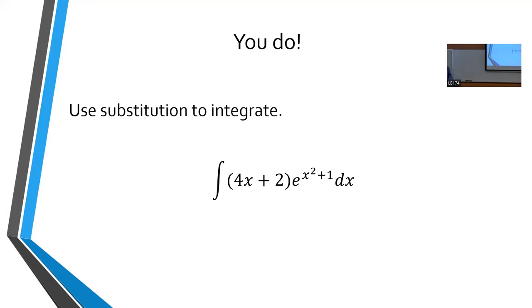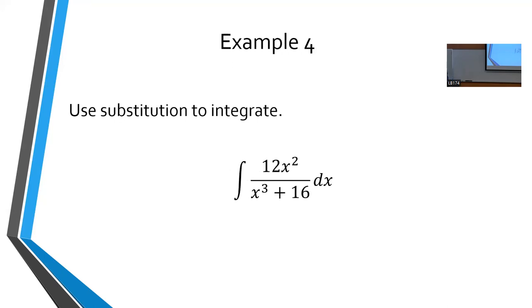So we saw last time we're doing substitution. And the big thing is, which piece do I make my u? And then how does that affect a du dx exchange?